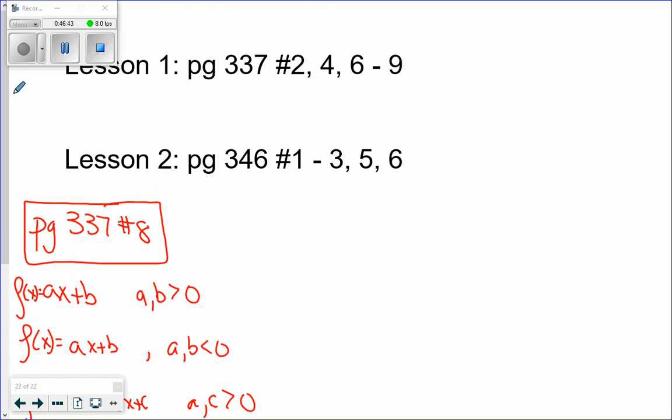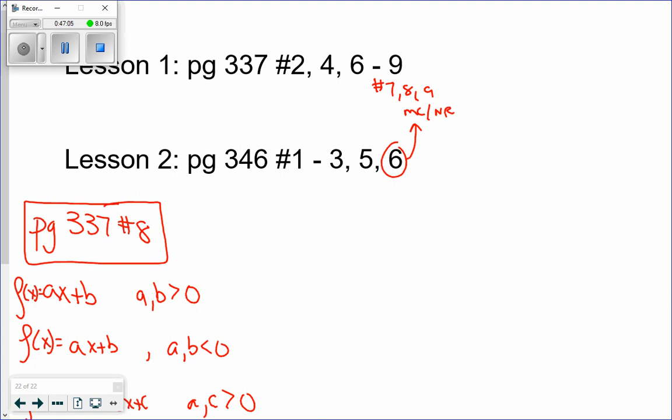Okay, so there's the assignment. Because number 8 on page 337 is classic diploma. Classic diploma. Okay? So if you look at number 7 on page 338, see it's a matching question, right?